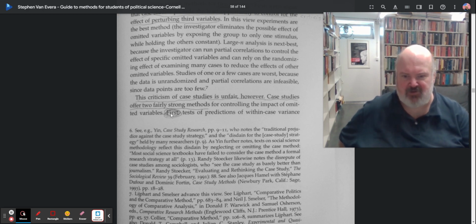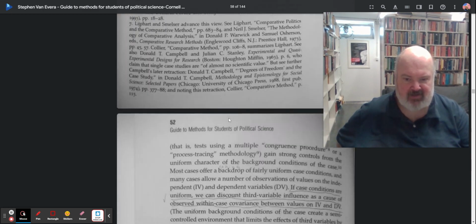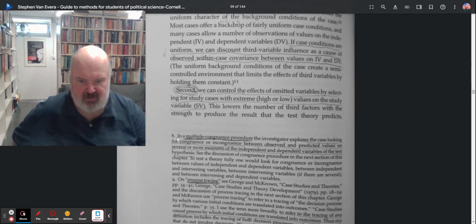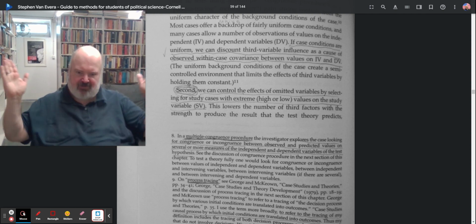Case studies, he says, offer two fairly strong methods of controlling the impact of omitted variables. First, test the predictions within the case, that is, test using multiple congruence procedures. In multiple congruence procedures, the investigator explores the case looking for congruence or incongruence. Congruence means coming together, and incongruence means separation, right?